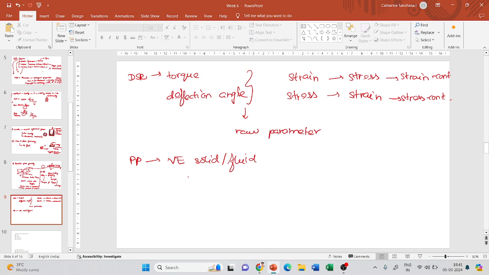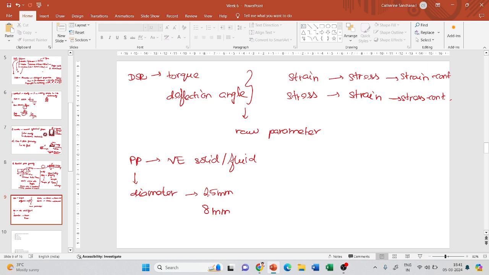Now if you see, there are different diameters of this parallel plate geometry. In asphalt, in bitumen related tests, we use two kinds of geometries: a 25 diameter geometry and an 8 diameter geometry. There are actually 50 diameter or 100 diameter geometries as well, and in fact there are also 4 diameter geometries.